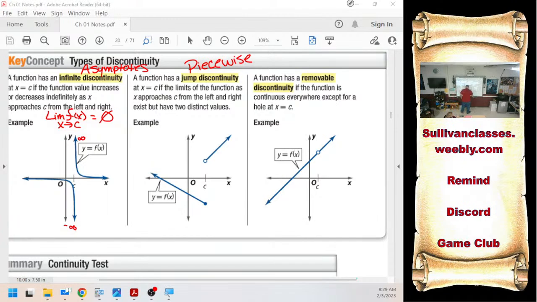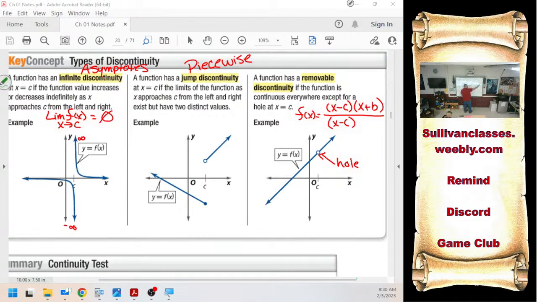Removable discontinuity. I think we talked about this a couple days ago. That feature is a hole. How do I make a hole? Well, that's how I physically draw it. How do I make it with a function? I have a canceled factor. Say I'd have f of x equals (x minus c)(x plus b) over (x minus c).